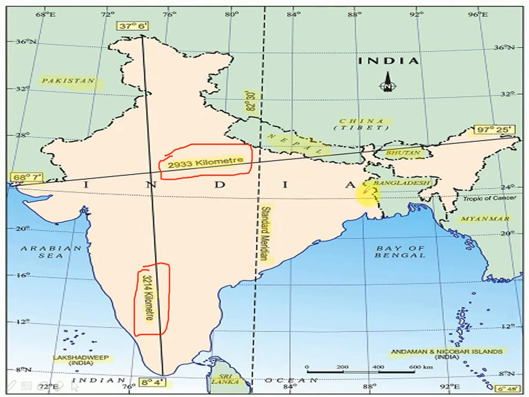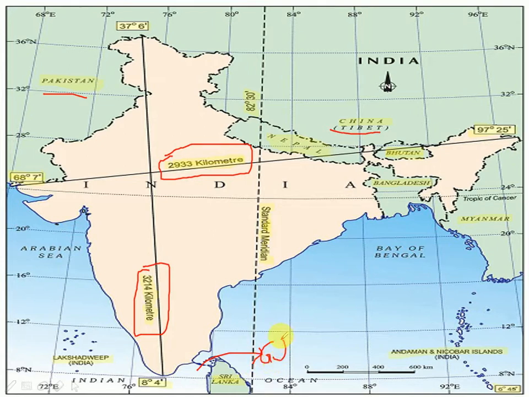Then we have a lot of neighbors. We share our boundaries with Pakistan, China, Nepal, Bhutan, Bangladesh, Myanmar, and Sri Lanka, our coastal neighbor. Our country is separated from Sri Lanka by the Gulf of Mannar.